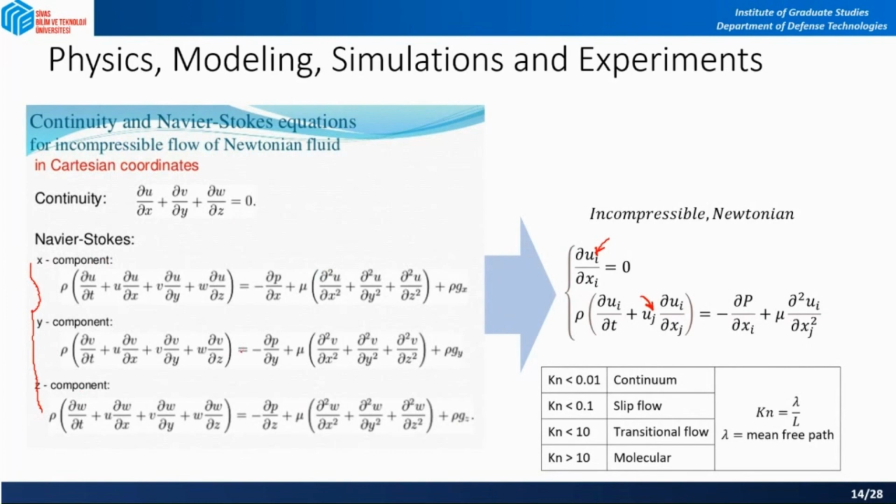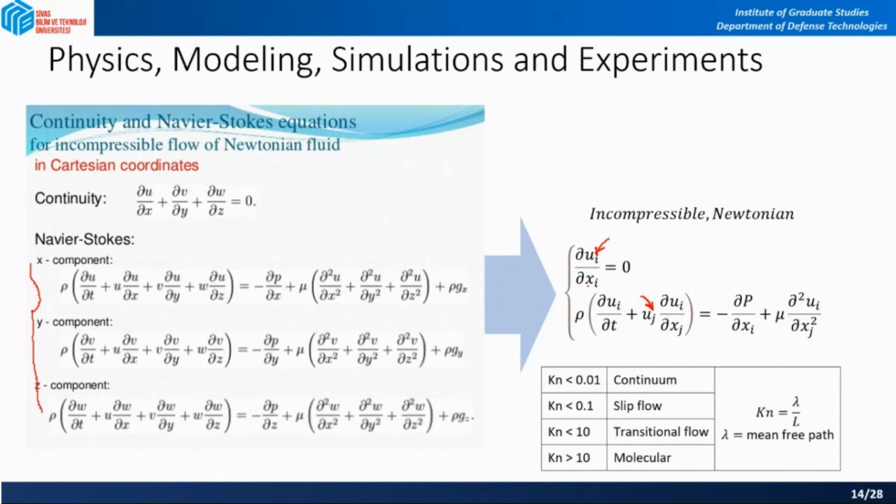So we just write one equation with indicial notation, which represents the whole equation. For the continuity, for example, I'm writing dui dxi equal to 0, and you may ask why I am writing just one term, because in continuity you have three terms. When we use indicial notation and have repeated indices like dui dxi, where i and i are repeated, it means that you have to do the summation over this.